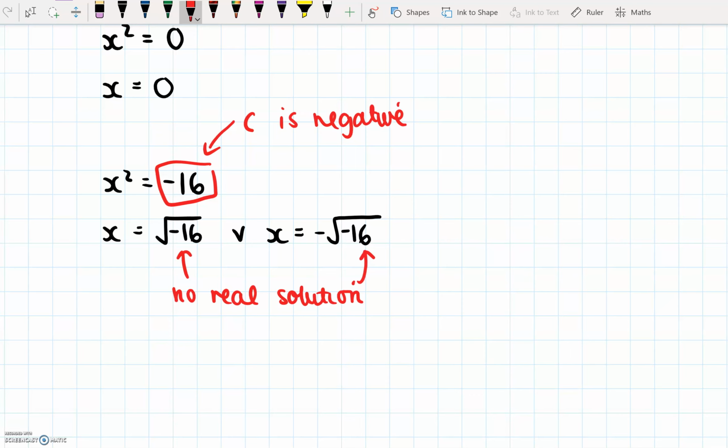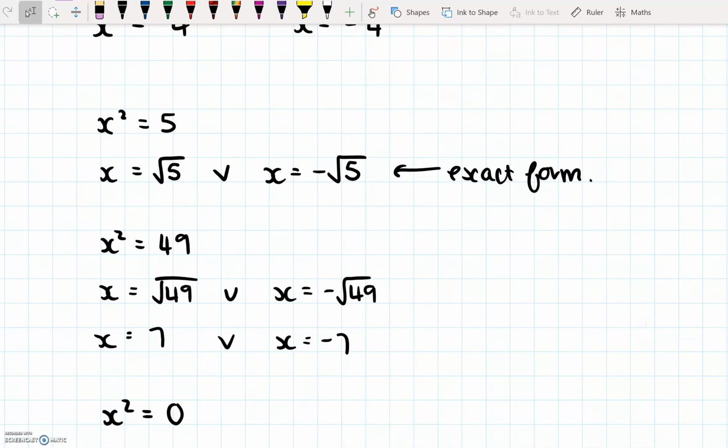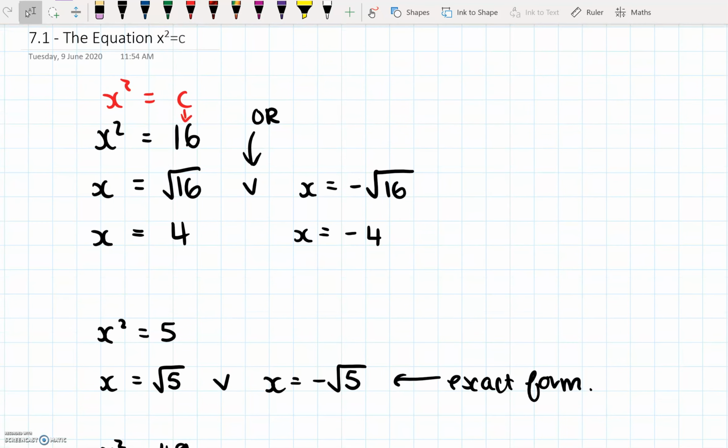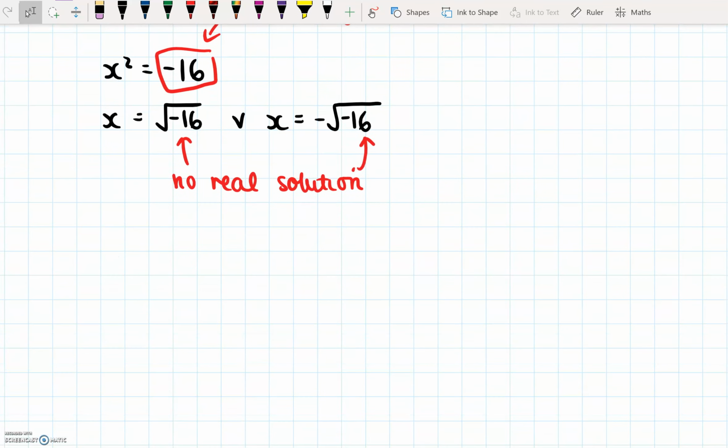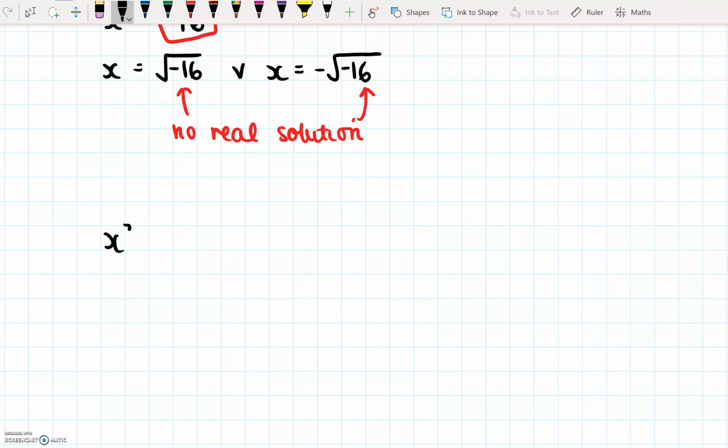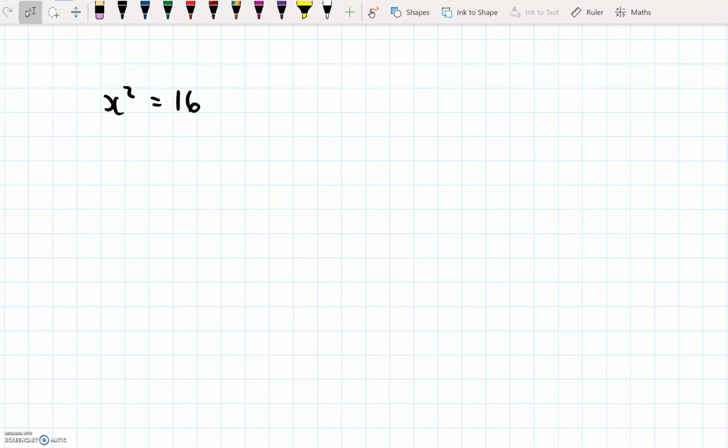Now I want to talk about what this also means, because this really means nothing on its own. Let's go back and have a look at x squared equals 16. I'll write it down here. If we have x squared equals 16, we can look at this as two graphs. This is the same as saying y equals x squared, but writing it backwards, so x squared equals y.